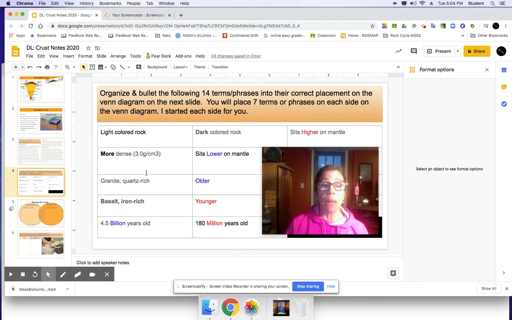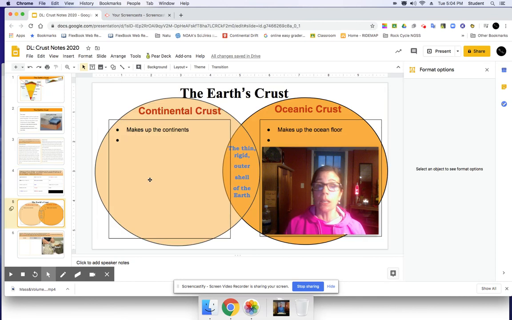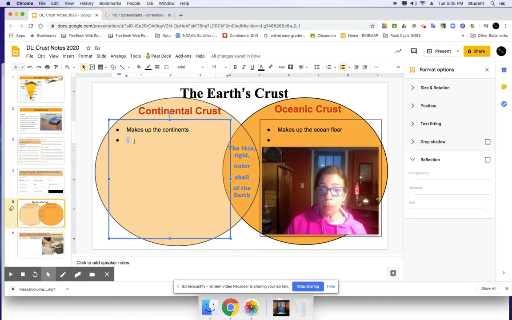I would like for you guys to please type these words and phrases into the next slide, which you'll see is a nice Venn diagram. I started each side of the Venn diagram for you. All you simply have to do is click into the text box and type the words or phrases that belong on each side of the Venn diagram.